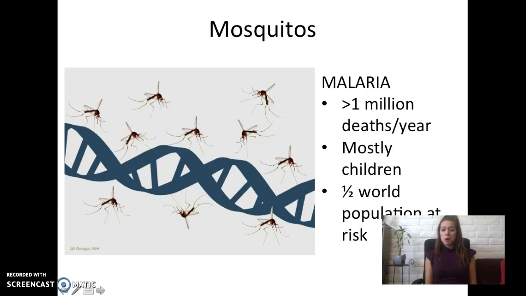So why are we talking about mosquitoes? Mosquitoes are a prime target species for gene drives because they carry and transmit diseases to humans. Take malaria, for example. Malaria causes over 1 million deaths a year, most of them are children, and half the world's population is at risk for this disease.